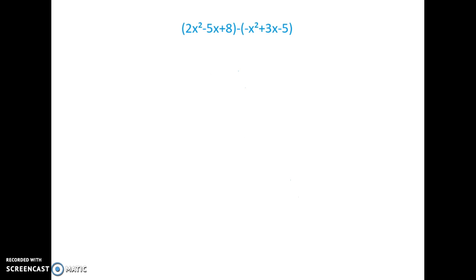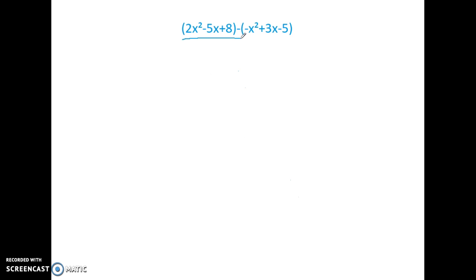So, start with the first term, which is 2x squared minus 5x plus 8. The first term, you're not going to change. You're just going to put it on the top of what you're stacking.